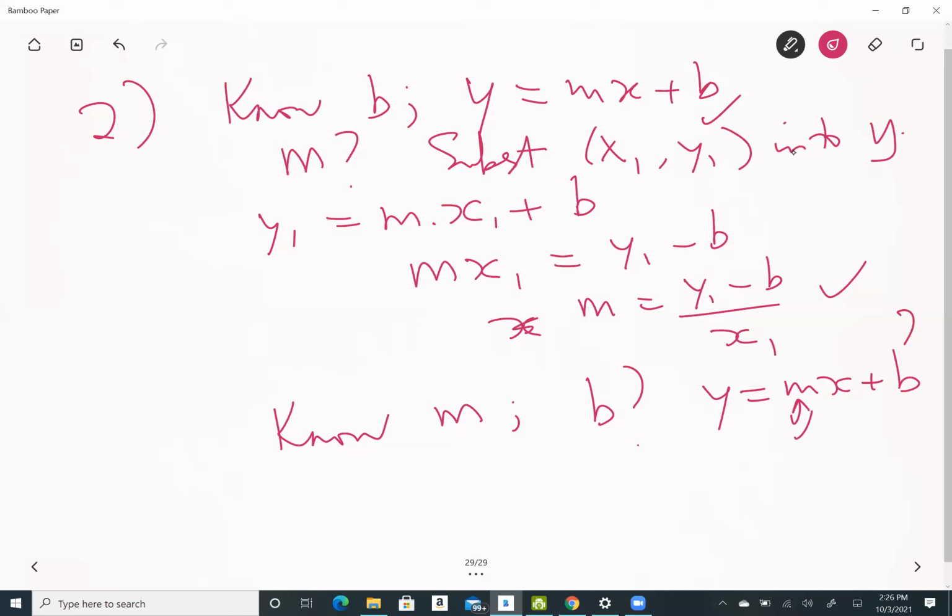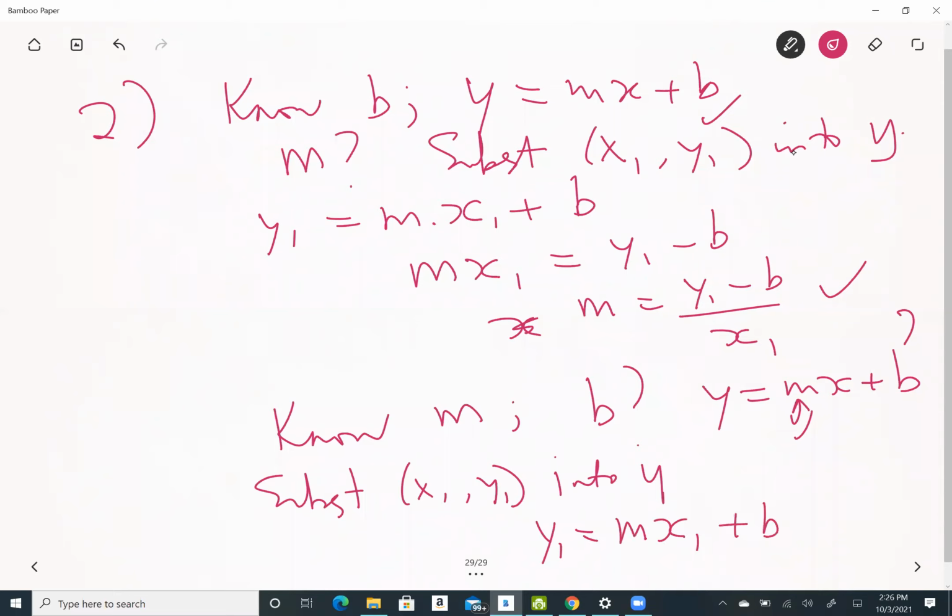We substitute that point x1, y1 into y. I get y1 equal to m x1 plus b, and then you can find b, by substitution again.